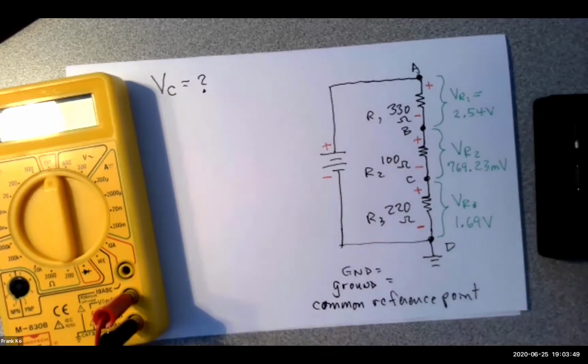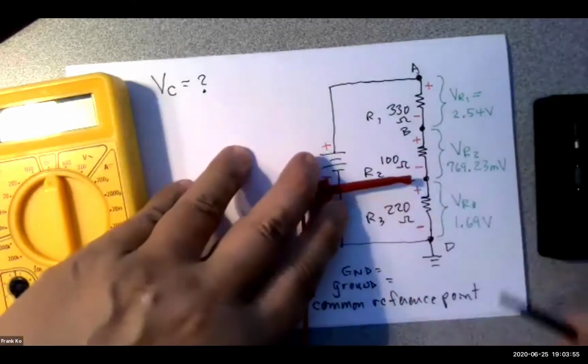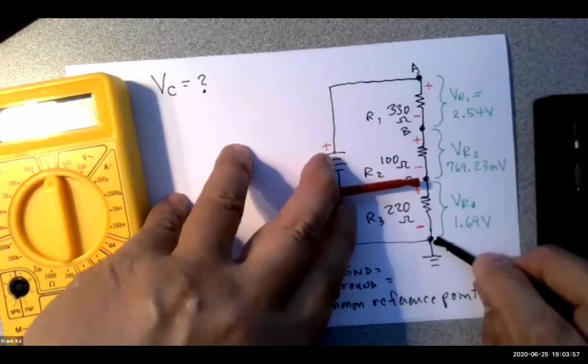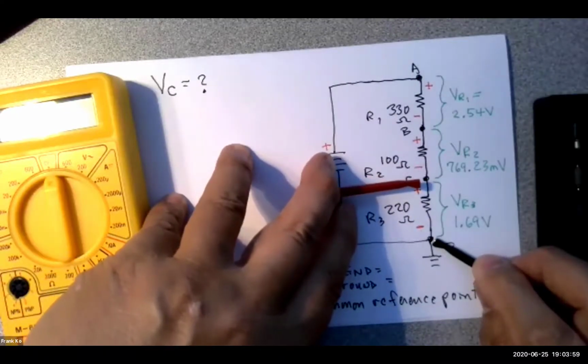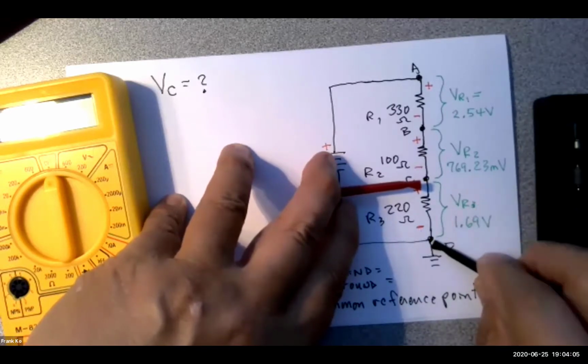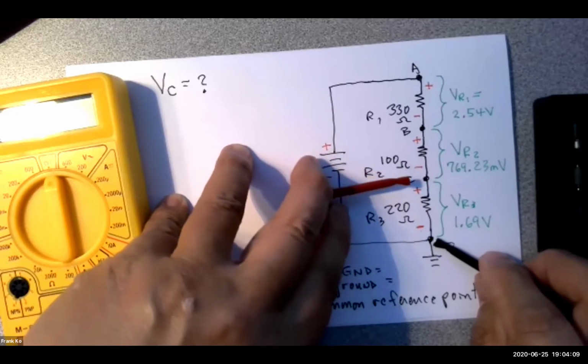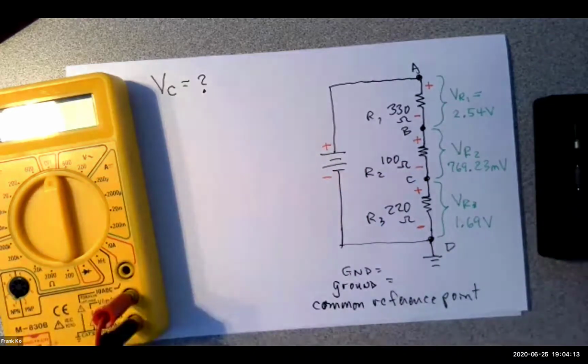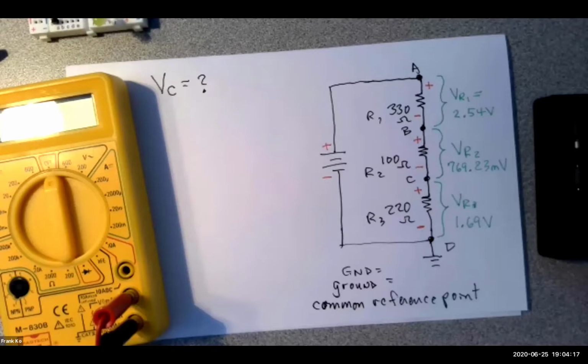And so if I go to put my red probe here, and I go to put my black probe here, what value of voltage is physically between these two probes? Isn't it VR3 that I've written in green? Should I not be able to measure at point C 1.69 volts? How many people agree that that's what I should be measuring at point C with respect to ground?